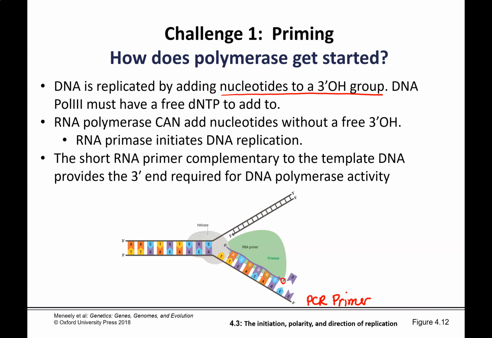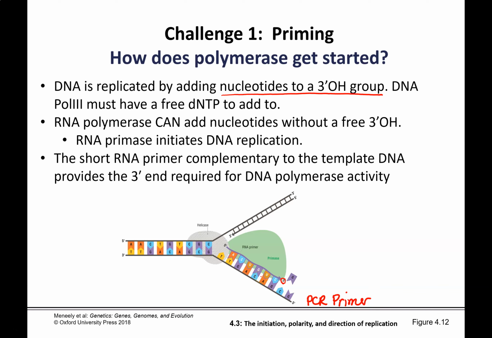We'll see a similar molecule when we get to transcription in RNA polymerase. RNA polymerase is another molecule that can add RNA without having that free 3' end. So this primase molecule is going to add a short segment of RNA, and we know this is RNA because we have uracil in there.